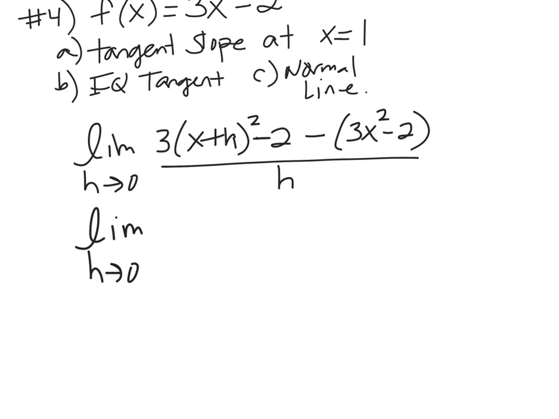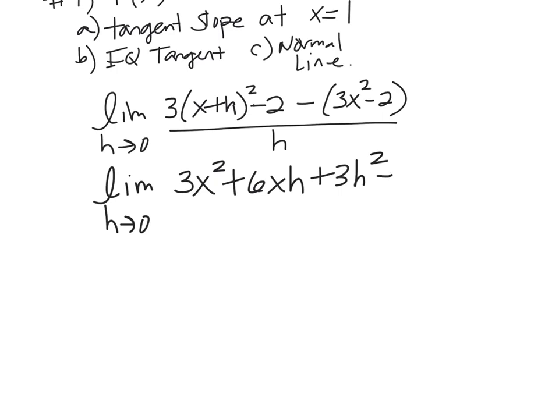All right, let's FOIL this. We got x squared times 3 is 3x squared. My middle term here will be 2xh times 3, 6xh. My last term will be h squared times 3, 3h squared. Are you okay with that? Minus 2. Don't forget that minus 2 with that.